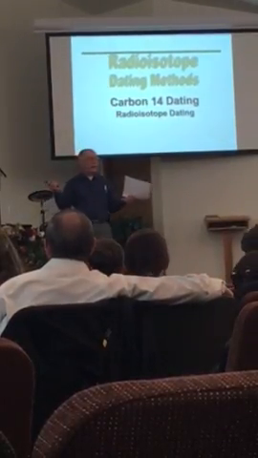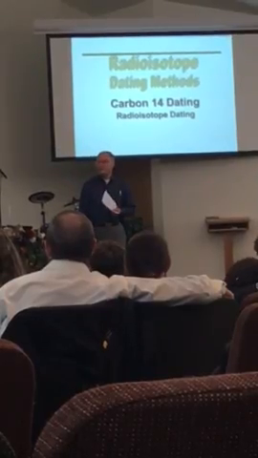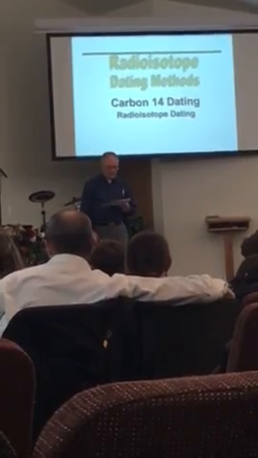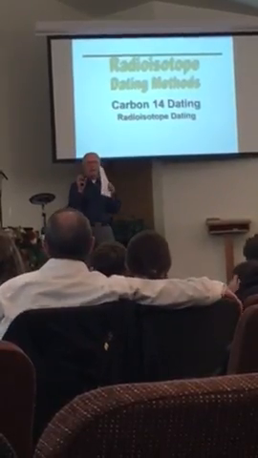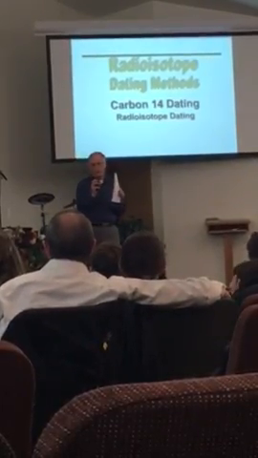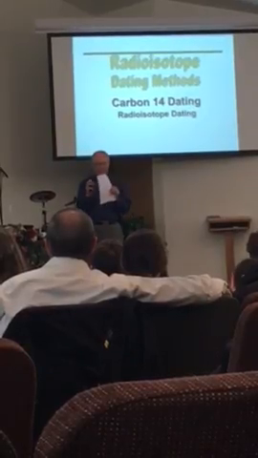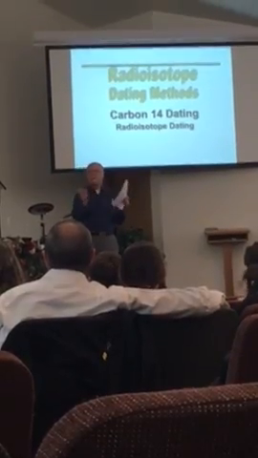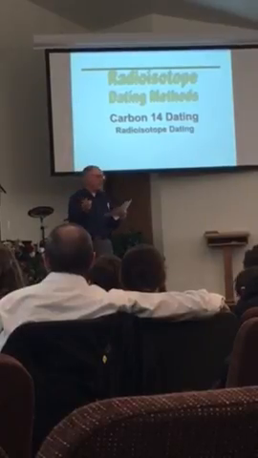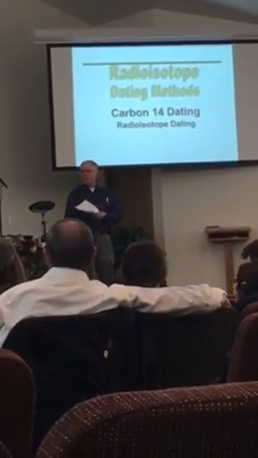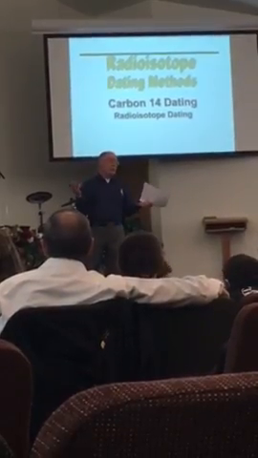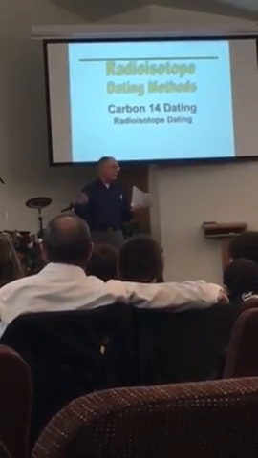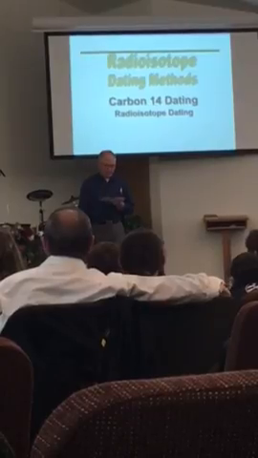Everything that they date has to be less than 60,000 years. So again, they've actually now found soft tissue in dinosaur bones. They have blood vessels, they can see blood cells, and they've carbon-14 dated the soft tissue in dinosaurs, and it's present, and guess what? That means that they're all less than 60,000 years old.